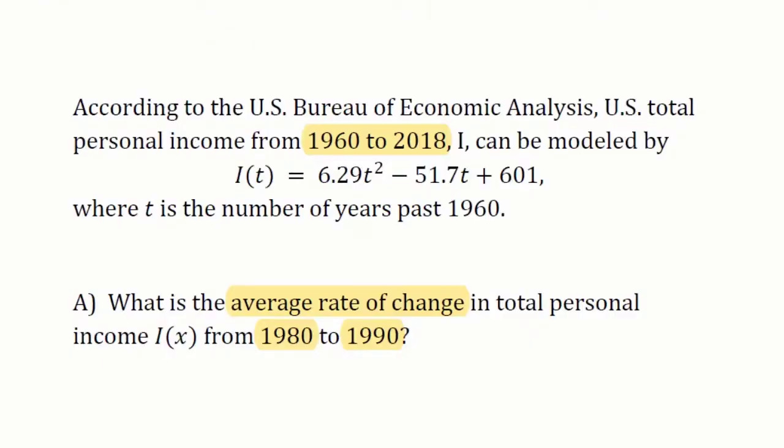So back in our problem here, we do have a starting value for our interval right here at 1980, and we have an ending of our interval at 1990. That's what I meant by we're given a finite interval of values, and in this case our interval of values is the value for time. So we have an interval for time.